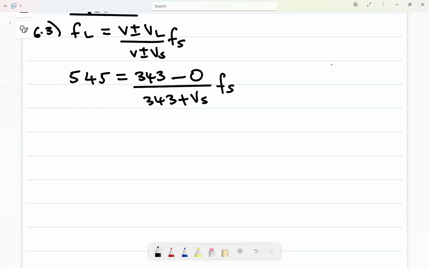Let me just multiply this to the other side. It's going to be 545 multiplied by 343 plus VS. I try by all means to run away from calculations. Then when I multiply that to the other side, then I divide by 343.